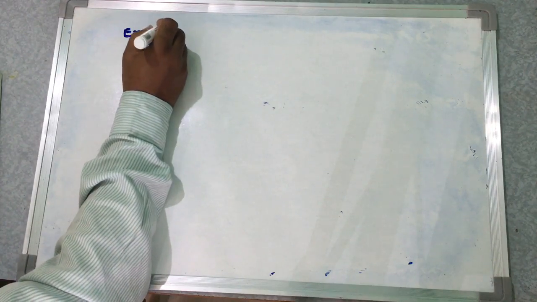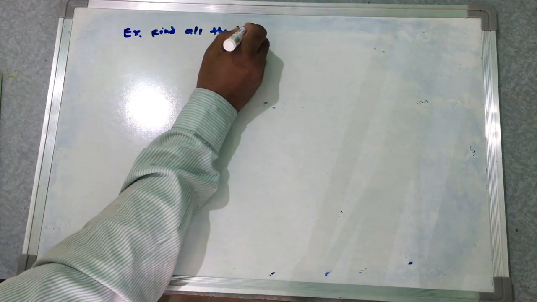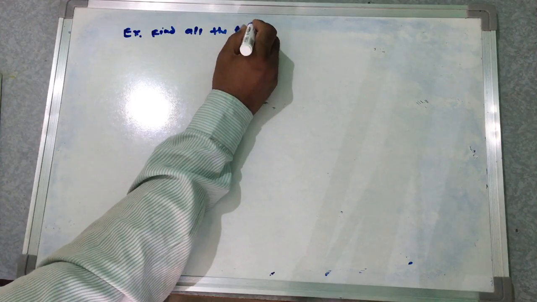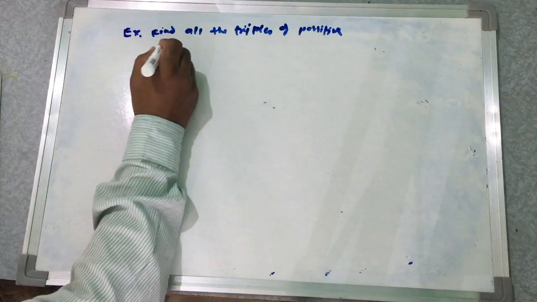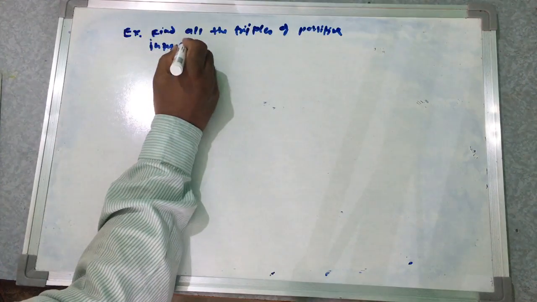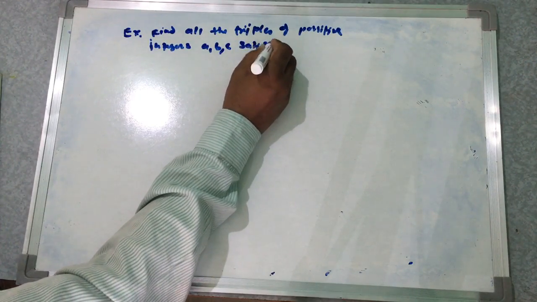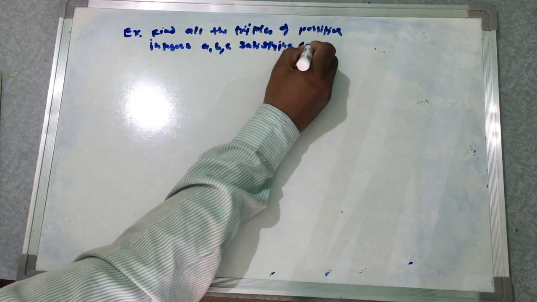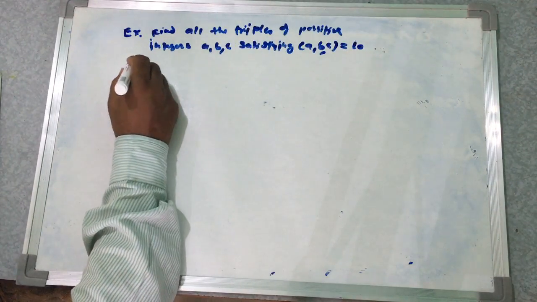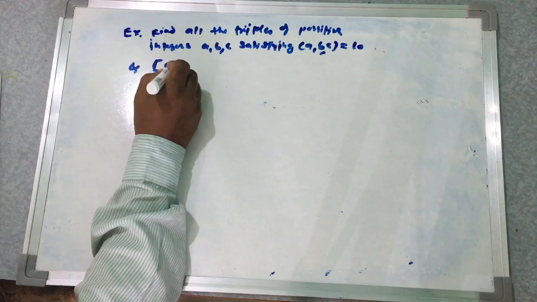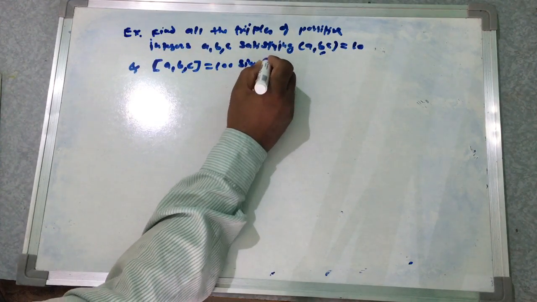Example: find all the triples of positive integers a, b, c satisfying (a, b, c) equal to 10 and [a, b, c] equal to 100 simultaneously.